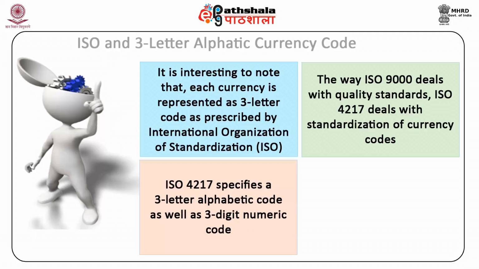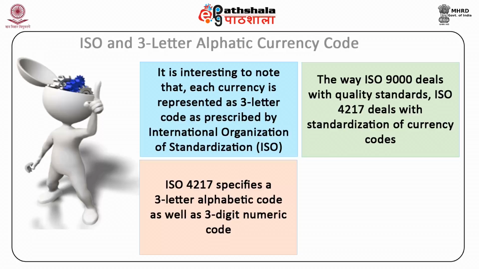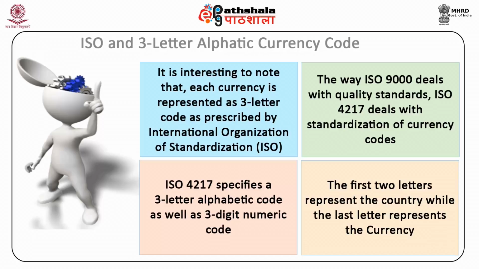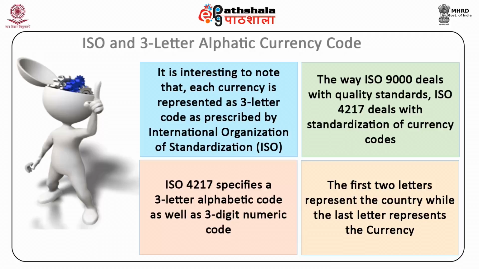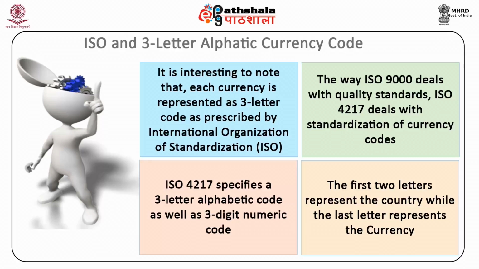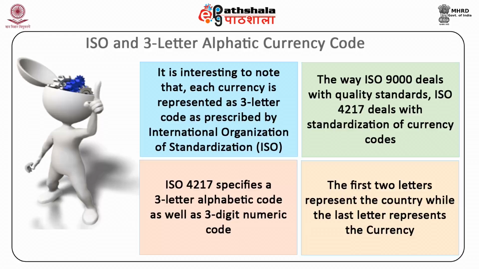ISO 4217 specifies a three-letter alphabetic code as well as a three-digit numeric code. The first two letters represent the country while the last letter represents the currency. For example, USD, INR and AUD are currency of USA, India and Australia respectively.